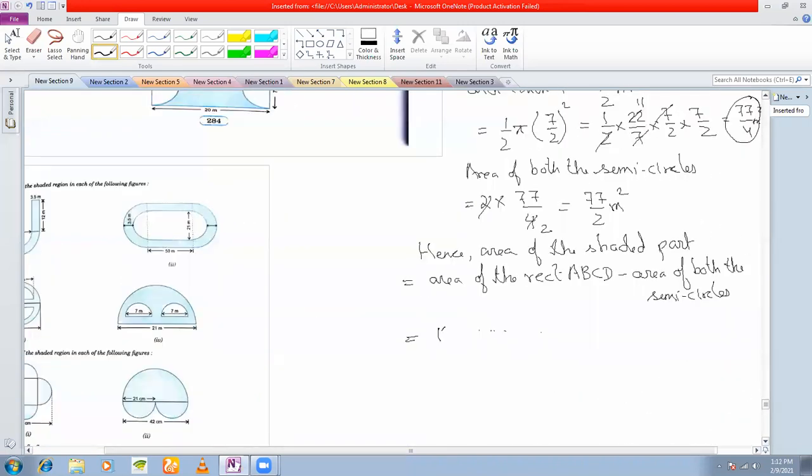So we have 140 minus area of both the semicircles we just found out here to be 77 by 2. So we put 77 by 2. Now you can convert this to decimal also for the ease of calculation. So this is 38.5. And 140 minus 38.5 will be 101.5 meter square. So that is your required area.